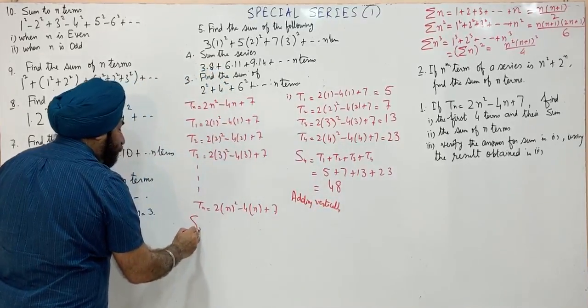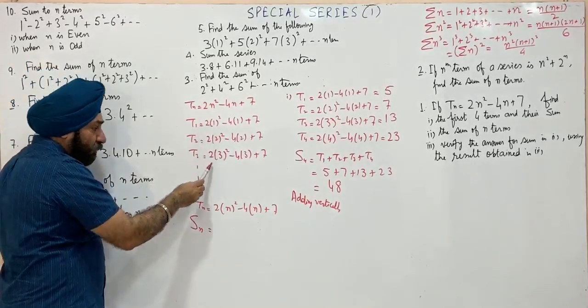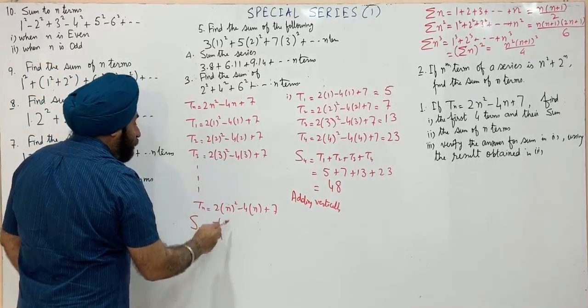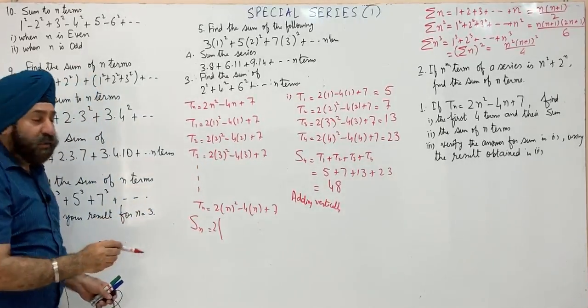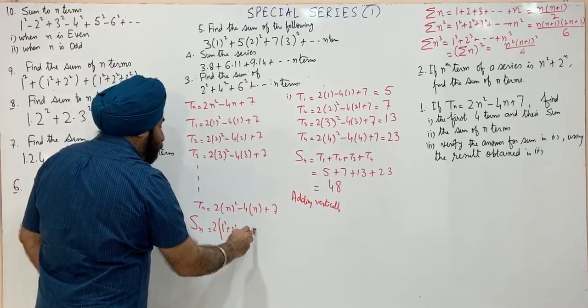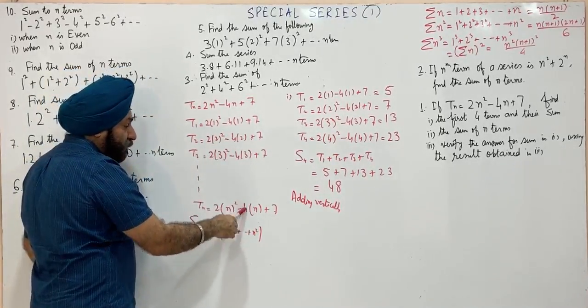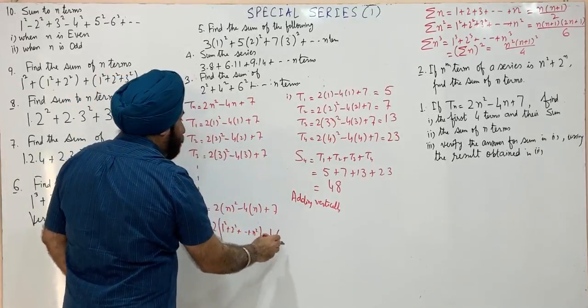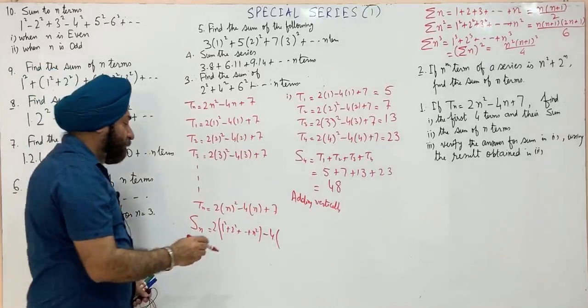This is the sum of n terms. In the first column, 2 is common, and inside it's 1 square plus 2 square plus 3 square and so on up to n square. In the second column, we take minus 4 common, and inside we have 1 plus 2 plus 3 and so on up to n.